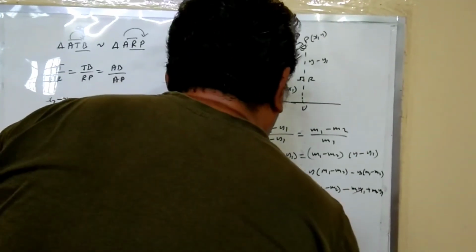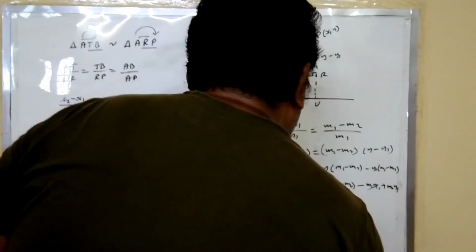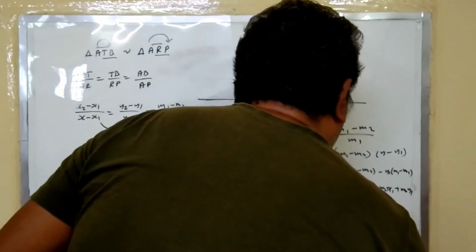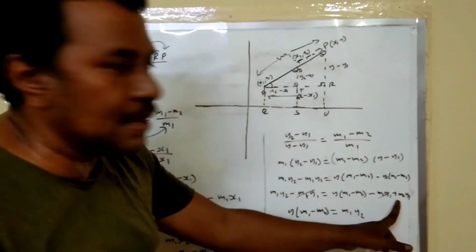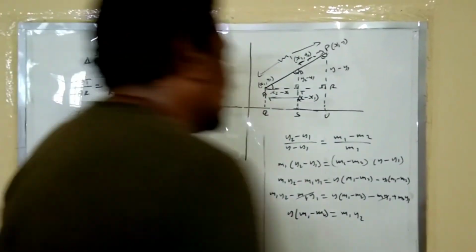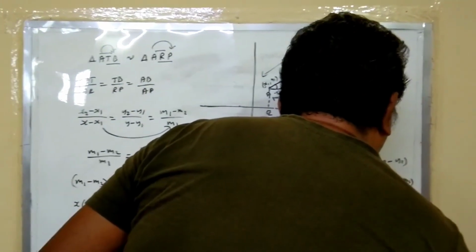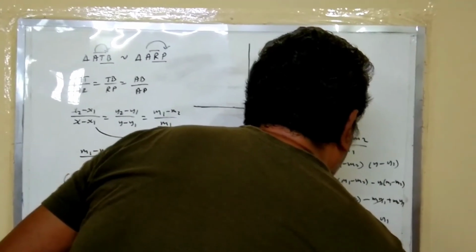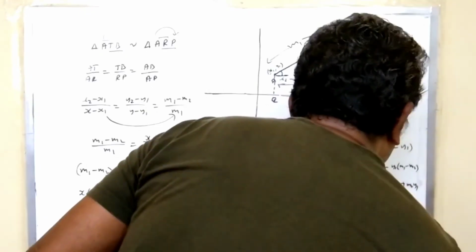So what is remaining? Y into M1 minus M2 is equal to, take this to the other side, M1 y2, here it is plus, take it to the other side, becomes minus M2 y1. So y is equal to M1 y2 minus M2 y1 by M1 minus M2.